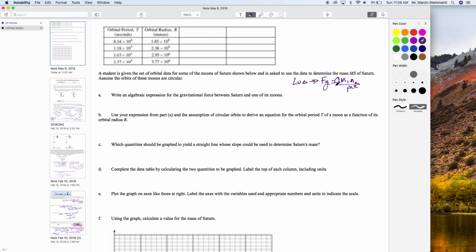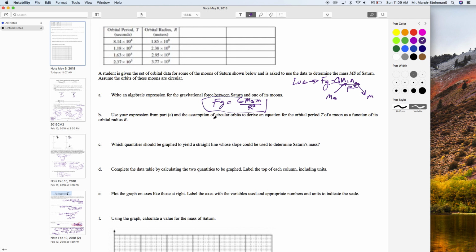In this case, if we assume that's M of Saturn, and a lowercase m would be m of the moon, the force would be this expression. So pretty simple.